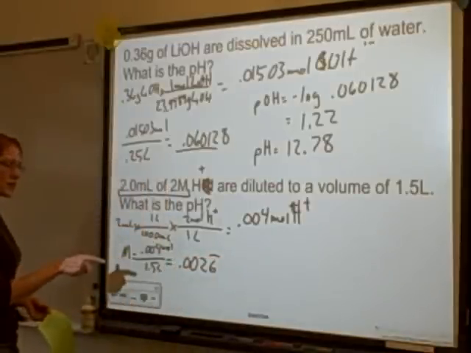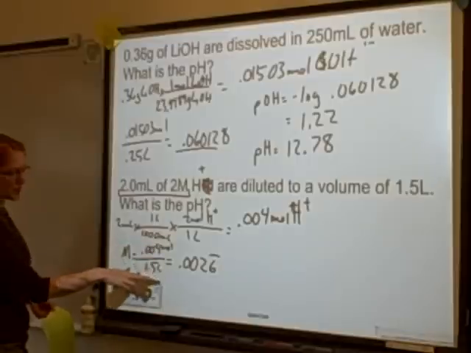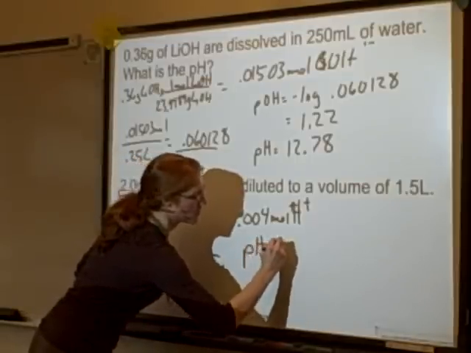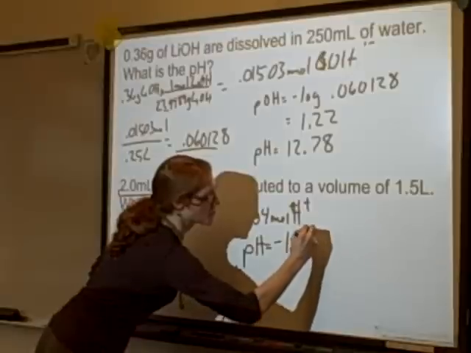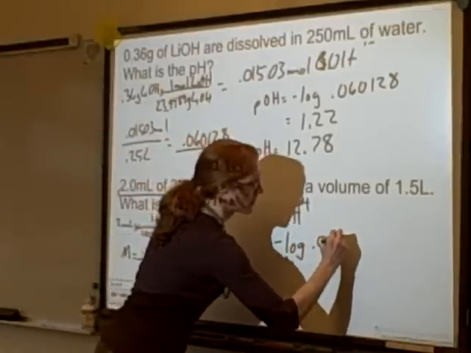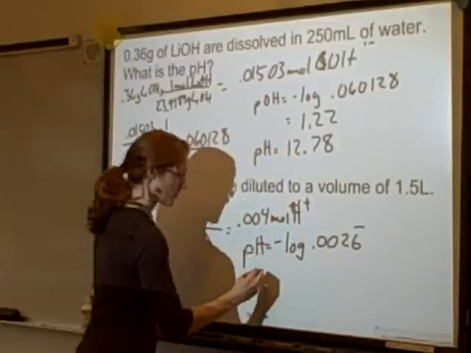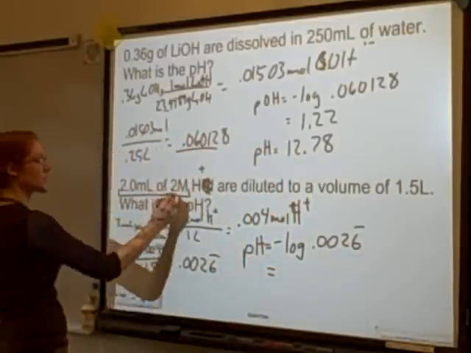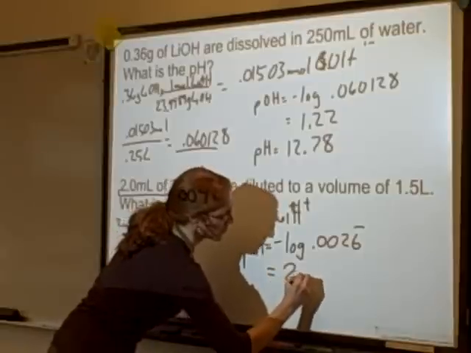So that's the concentration of the H+, that's the moles of H+ per liter. So I know the pH is going to be the negative log of the concentration of the H+, so 0.0026. So I'll type that in, and my pH ends up being about 1 sig fig. pH ends up being 2.6.